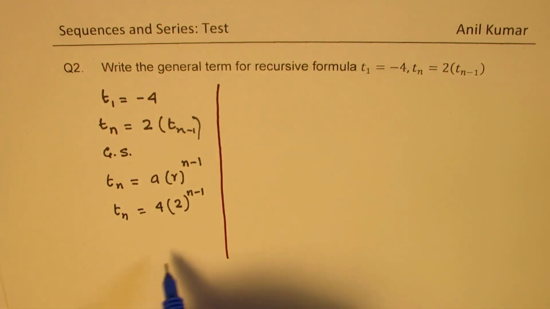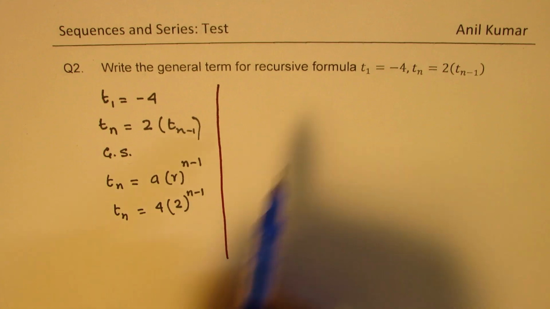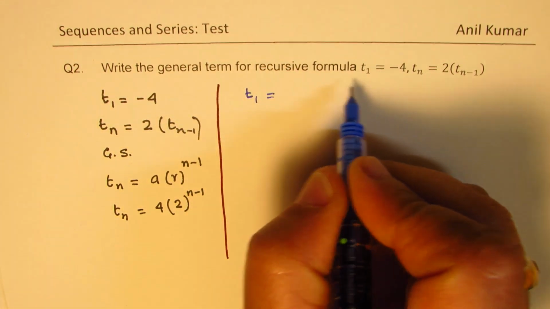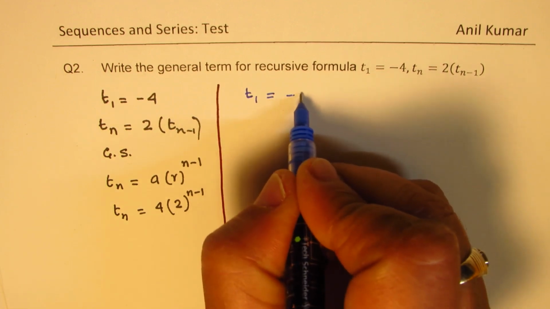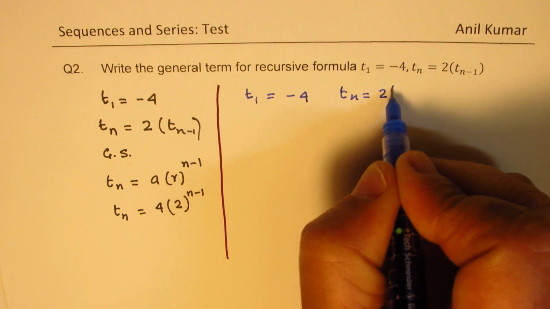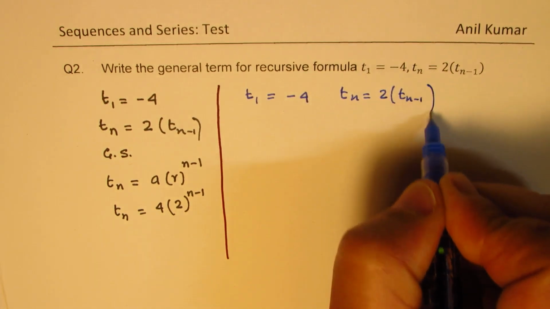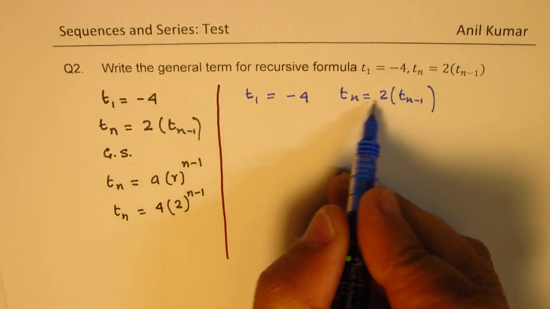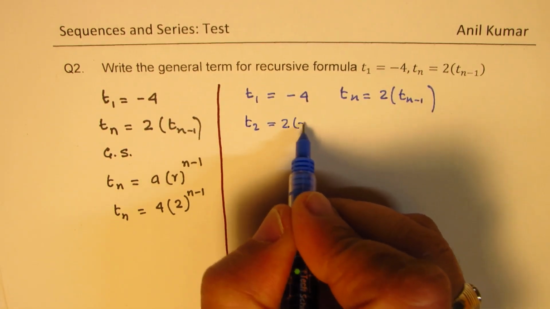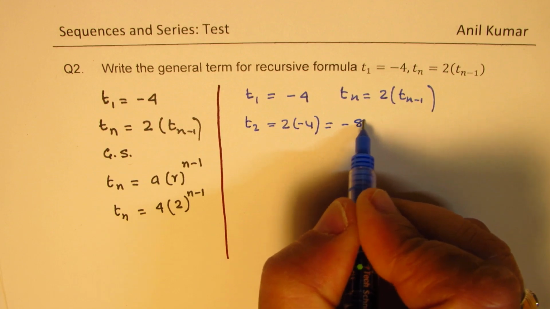Now, if that is not very obvious, in that case, what you could also do is you could write your series, right? t1 is given to us as minus 4, and tn is equal to 2 times tn minus 1. So just multiply this by 2 to get the second term. So the second term will be 2 times minus 4, which is minus 8.